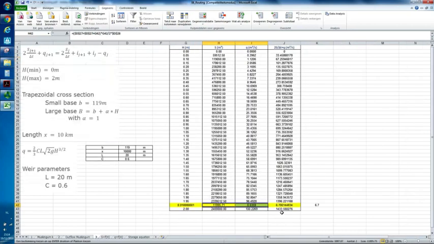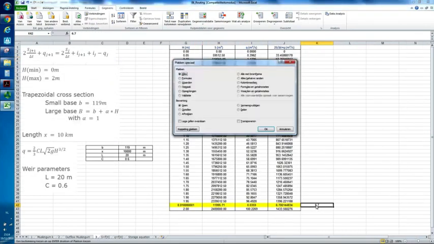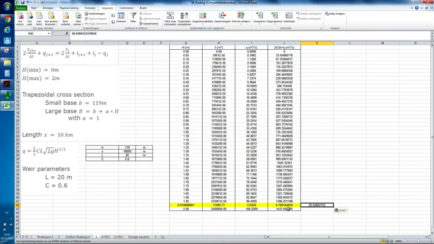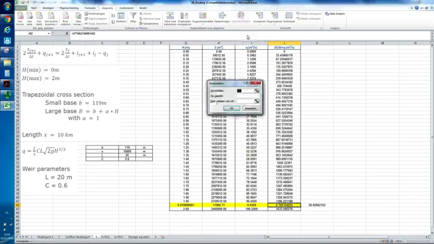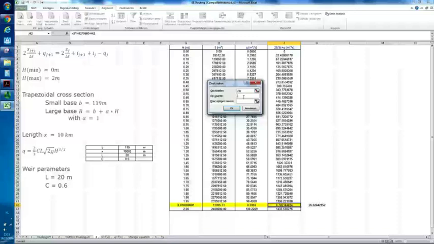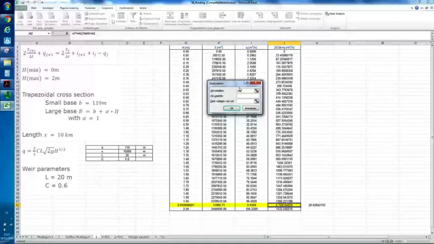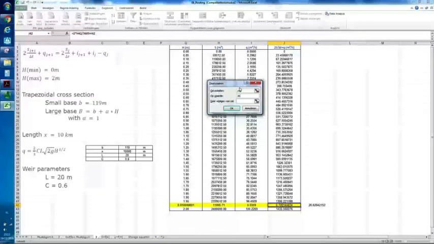Let's copy this, like this. And so we do again the goal seek analysis. We want to change this value by saying we want it to be equal to 26.6284 by changing this cell.